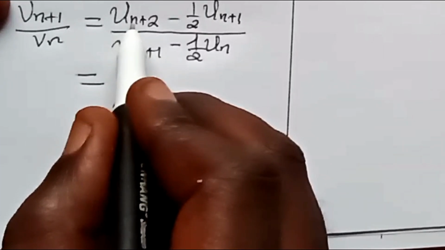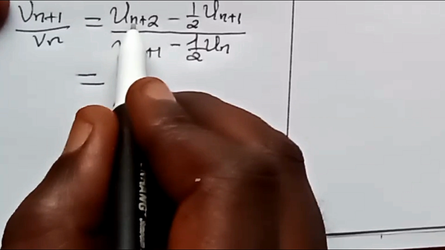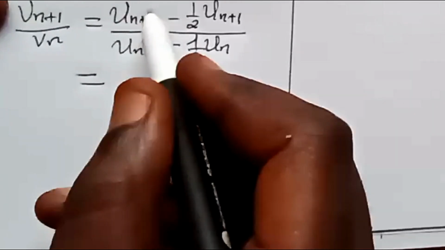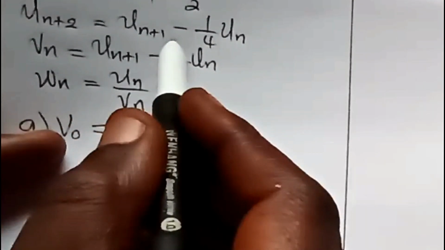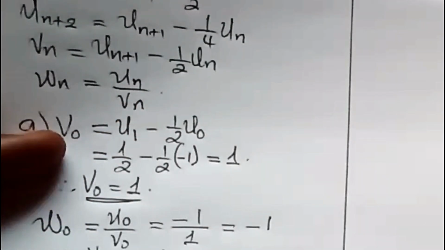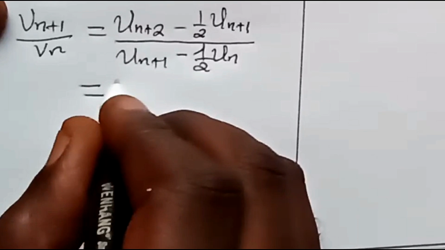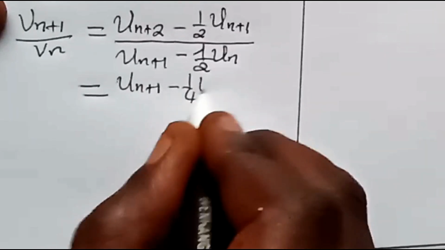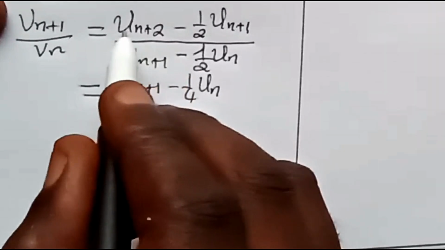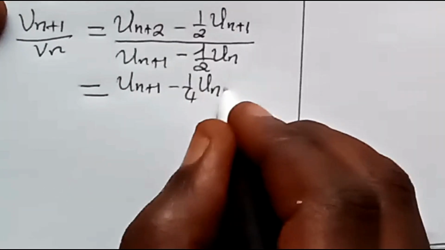Now we need to make a replacement for the higher term, which is un+2, and it's given in the equation that un+2 equals un+1 minus 1/4 un. So we replace it with un+1 minus 1/4 un. That is the replacement for un+2.